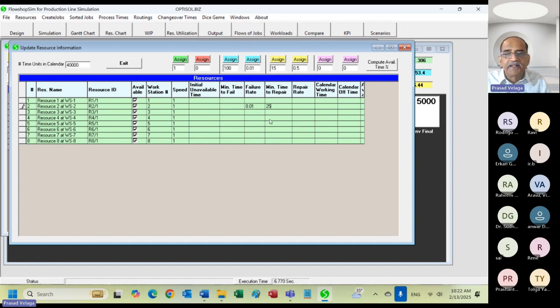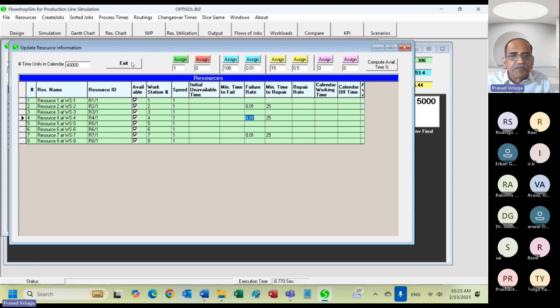Similarly, let us assume that the machine at the fourth workstation also has the same failure rate, on the average failing every 100 minutes. And let us take the sixth one also. So I'm assuming that three machines have failures and repairs, and there is no cycle time variation.